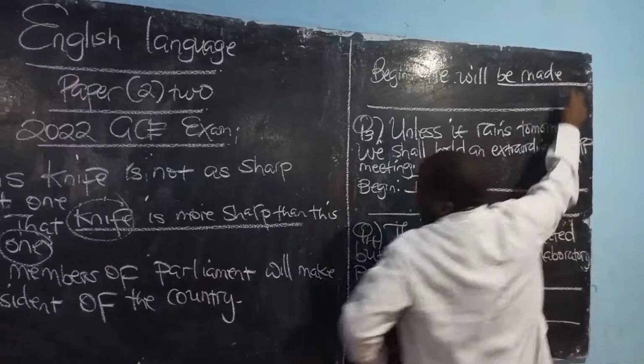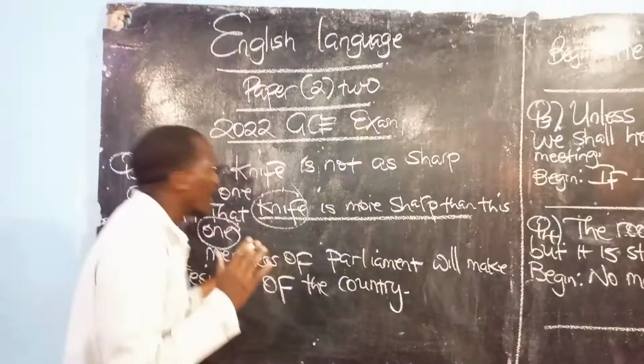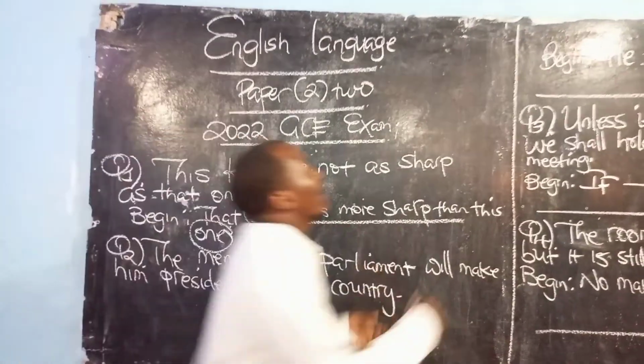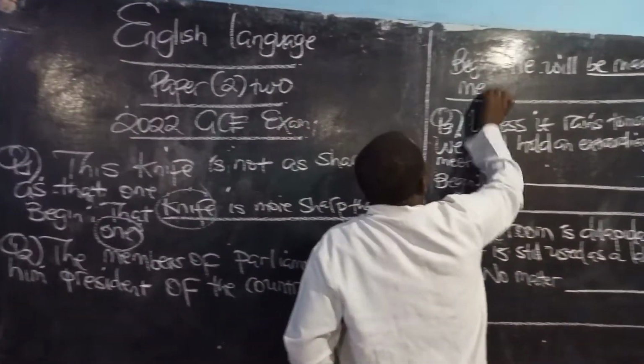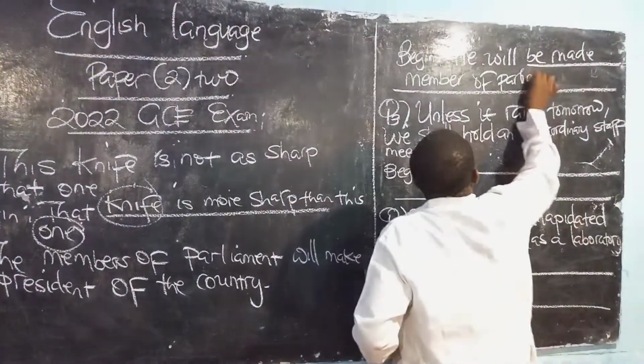When we use such a word, we are now going to cater for the exact position, which is member of parliament. He will be made member of parliament.